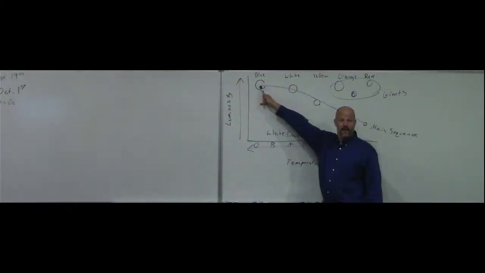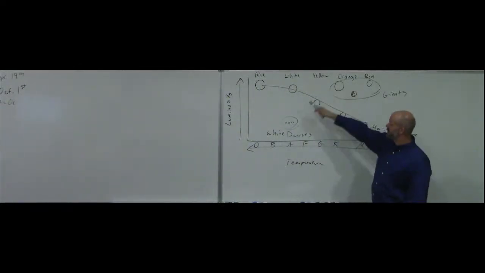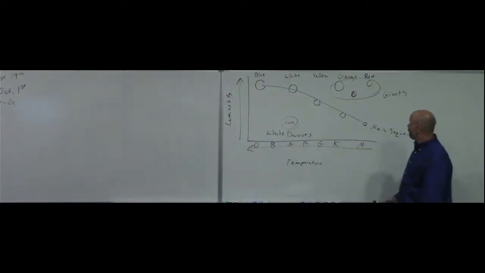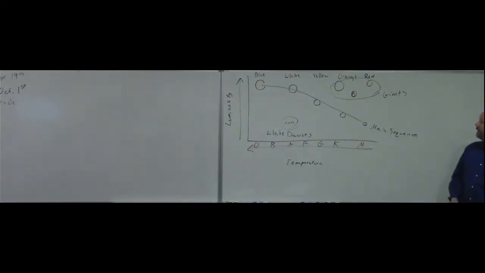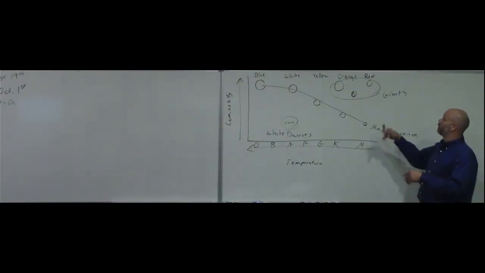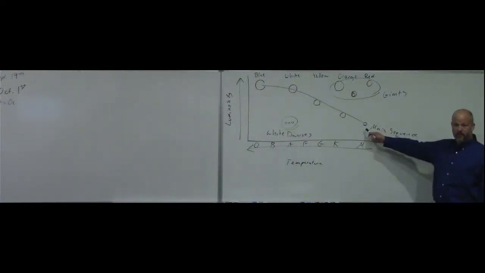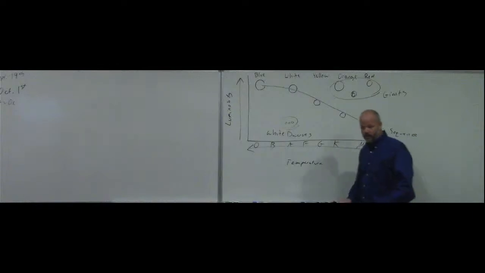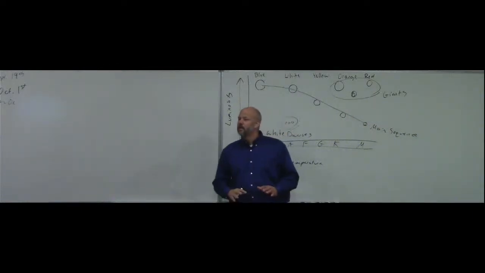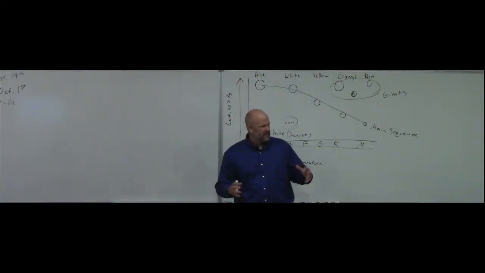They're going to burn out the fastest, and so they'll enter this phase. Which one will be the slowest to enter a white dwarf stage? Well, actually, they'll never. Which one will be the slowest to enter a giant stage? It's going to be the red. Good. So those are just 3 different ways of really asking the same thing.